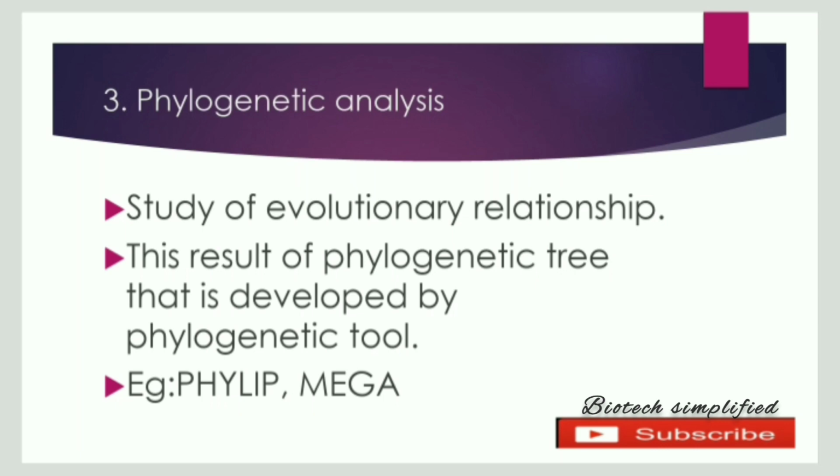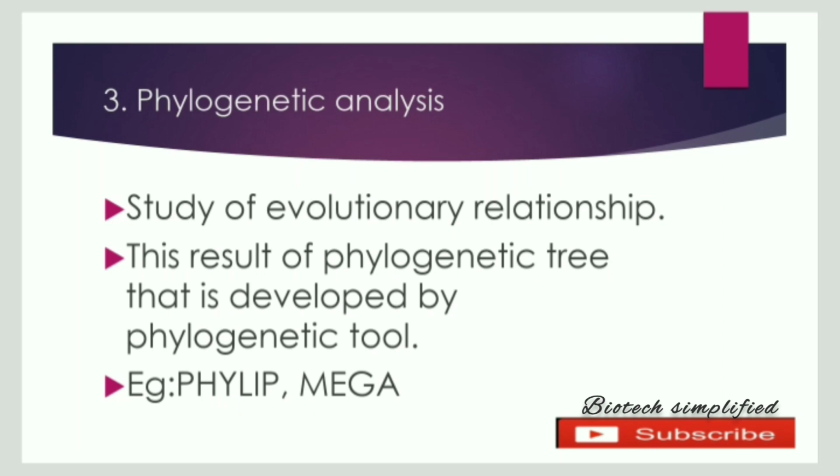By a phylogenetic tool, a phylogenetic tree can be constructed, and through the phylogenetic tree, phylogenetic analysis can be carried out. The tools for phylogenetic analysis are Phylip and Mega.